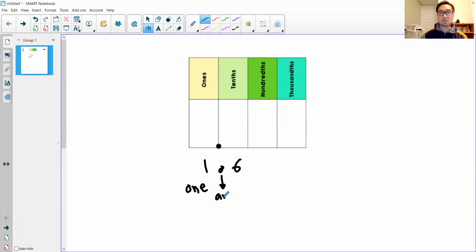So I would say this is 1 and. I see a 6, so I'm going to say 6. 1 and 6. And next I have to think about what place value my last digit is in. Well, this single 6 is in the place value of the tenths, so I would say this number as 1 and 6 tenths.